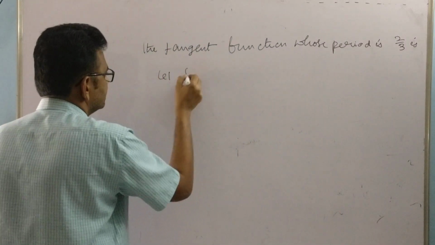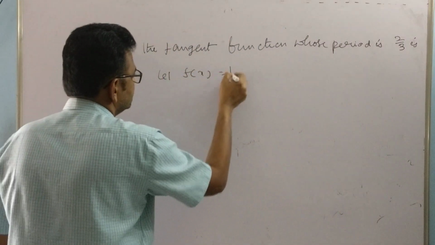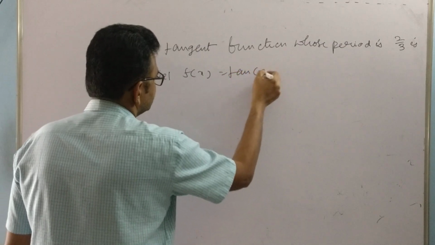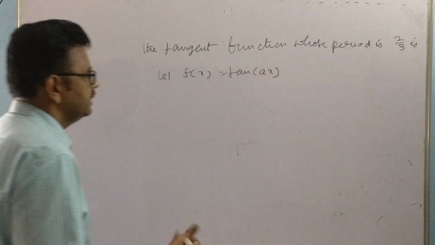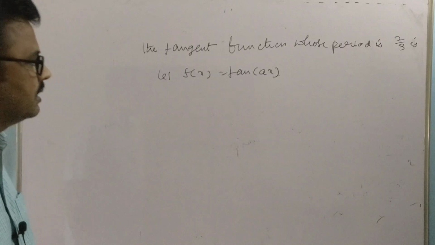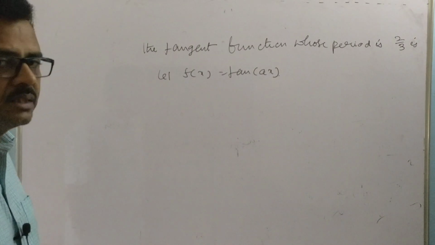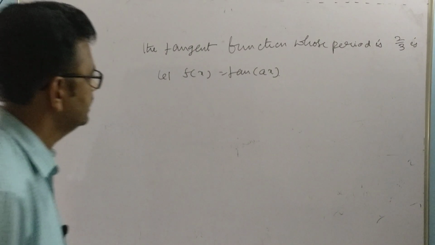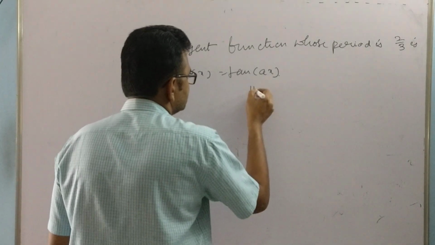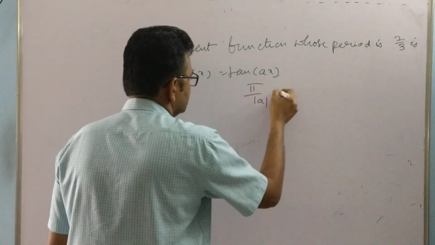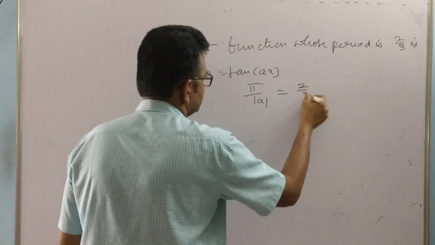Let the function f of x be equal to tan of ax, or tan of ax plus b, or tan of ax plus b plus some constant c, any one. For tan ax, what is the period? Pi by mod a is equal to the given 2 by 3.